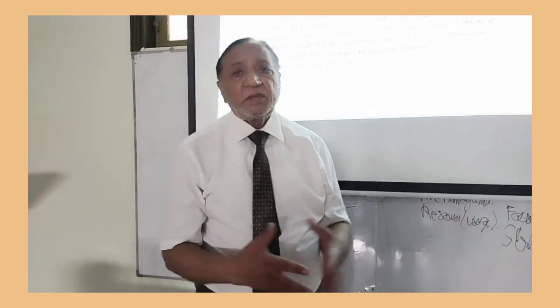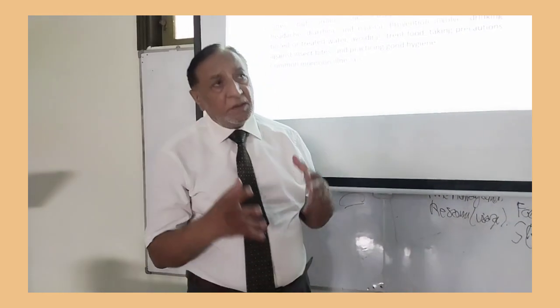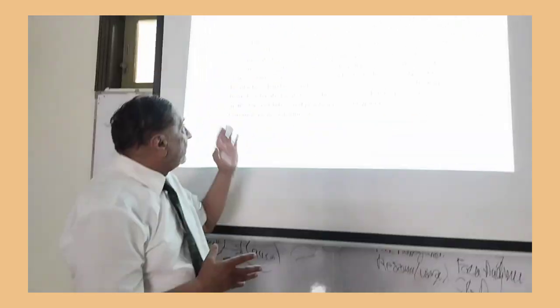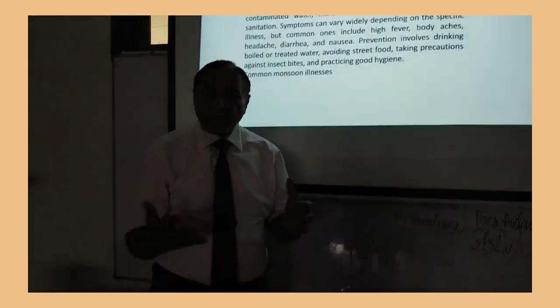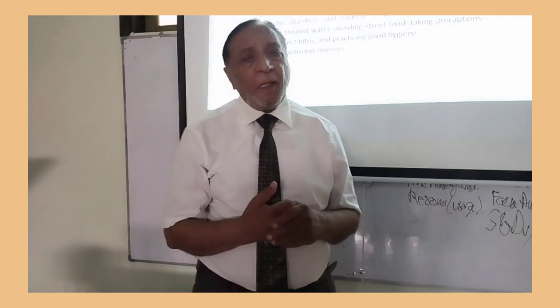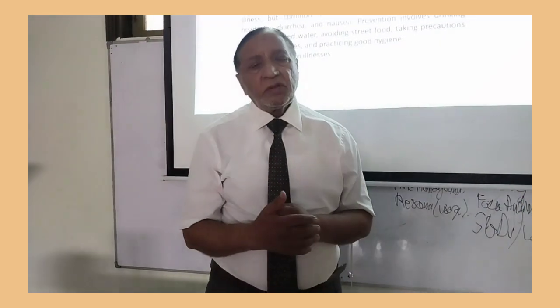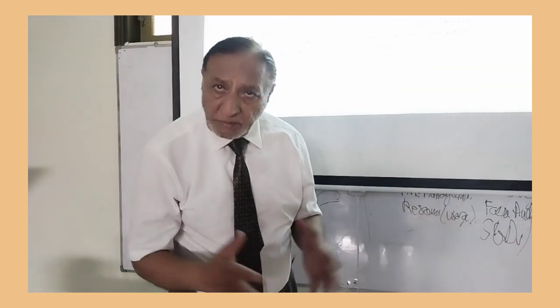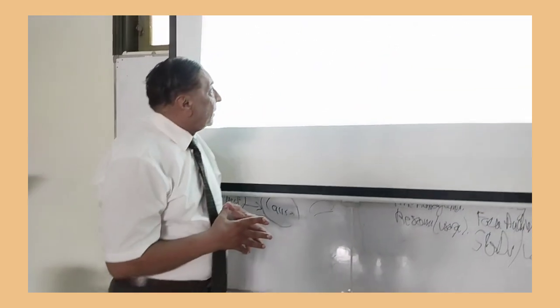So that is an important aspect of where the word monsoon became so popular, and in Urdu or in Sindhi we call it Mosam, but the word Mosam is very common.